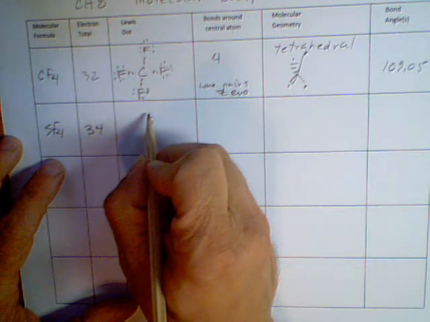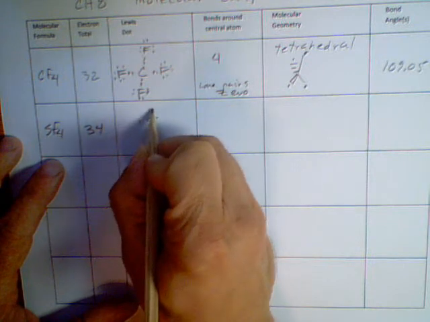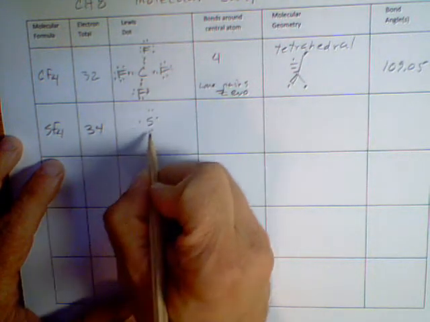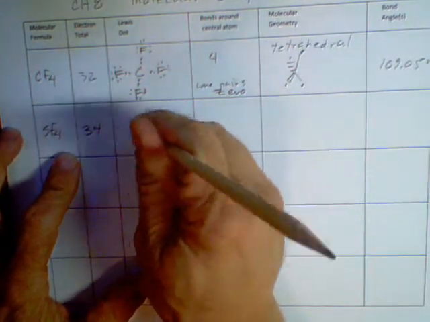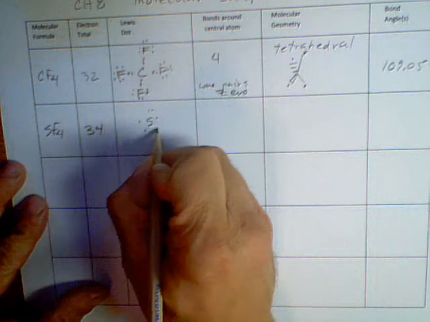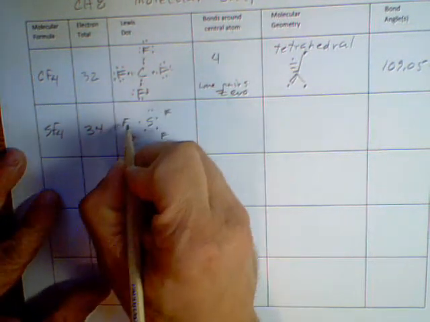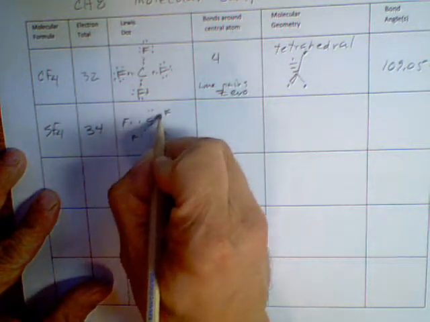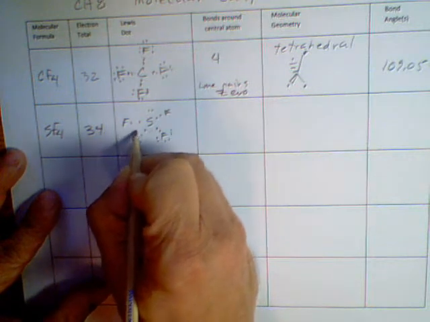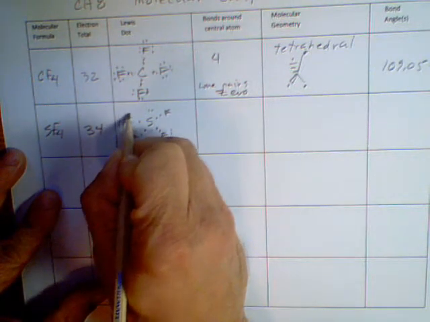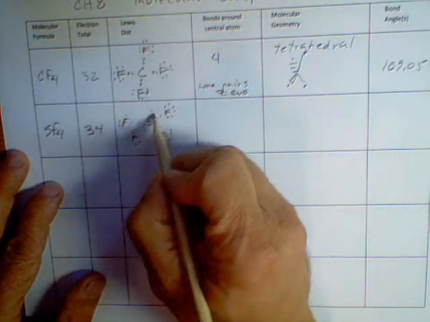The sulfur has got 6: 1, 2, 3, 4, 5, 6. So what's going to happen here? These electrons will want to stay together, but these 2 electrons will share with these 4 fluorines here. And when they share, the 4 fluorines are completely filled, and if we counted up all of our electrons, we would find that there's 34, and we have 1 lone pair.